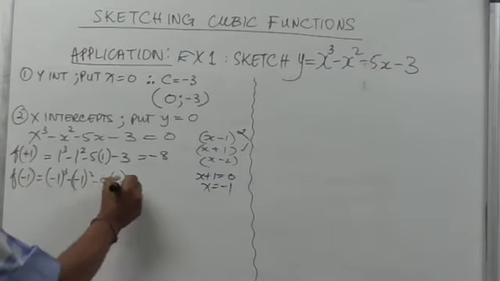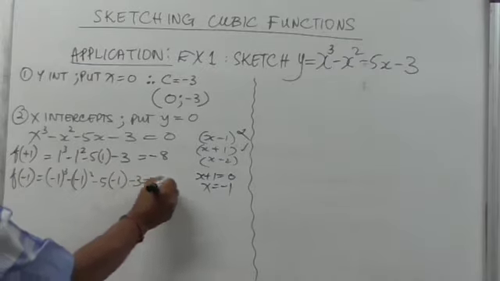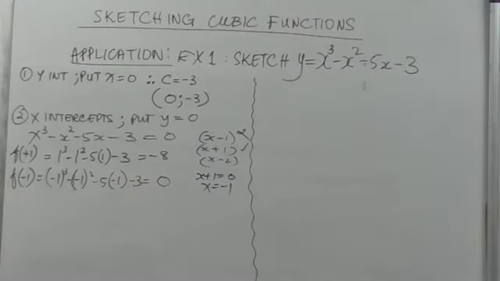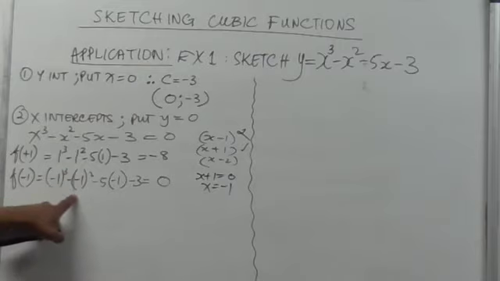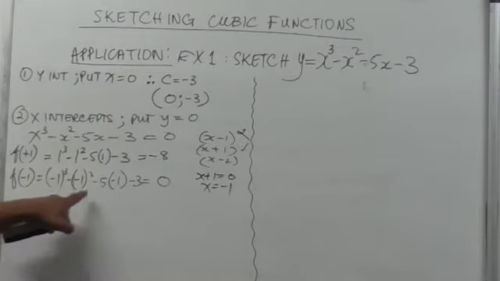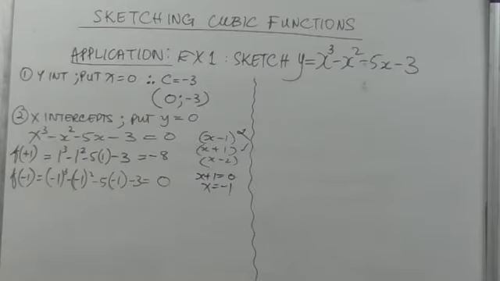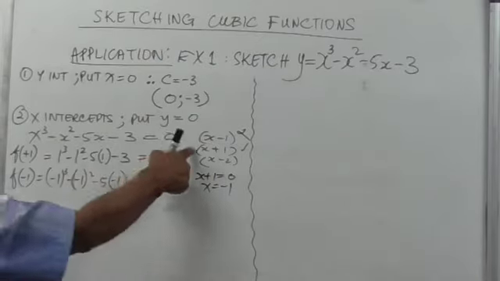Minus 5 into (-1), minus 3, and that gives you 0. So x plus 1 is a factor.